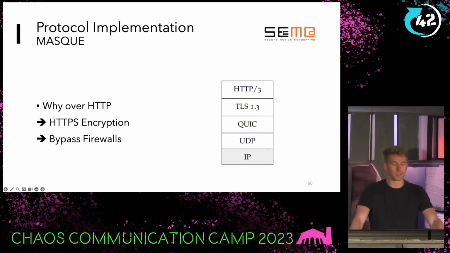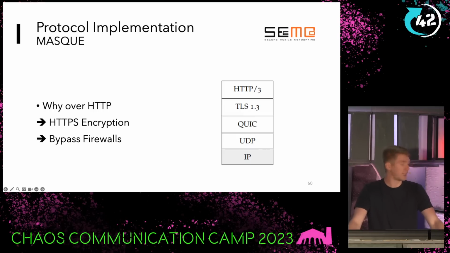So if you wonder why you would proxy network traffic over HTTP, which is normally a protocol to fetch websites and get the response back, there are several benefits. First, the very obvious one: it has TLS encryption inside of it.